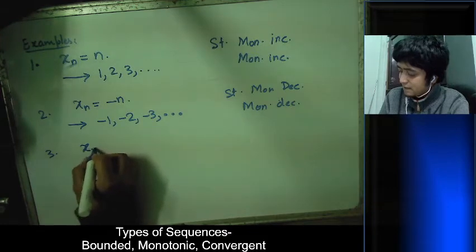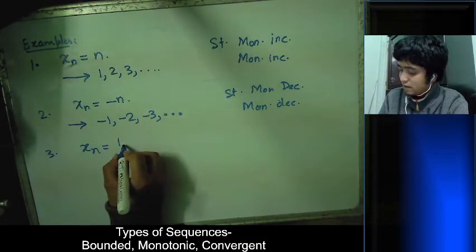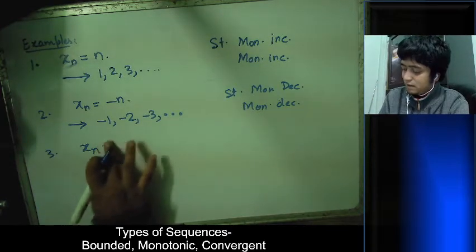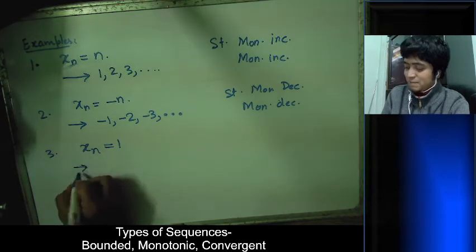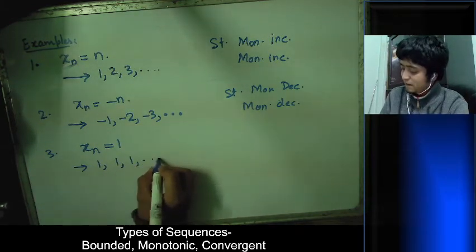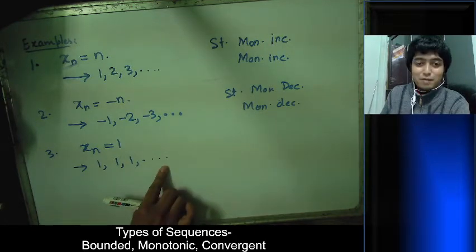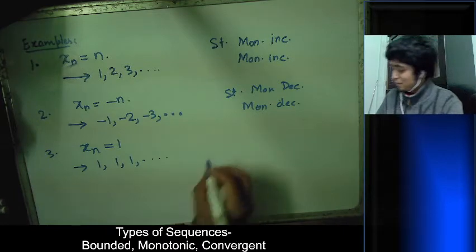Let us see the third one. Let's say xn equal 1. If you expand the sequence, you can write it as 1, 1, 1. But this one is actually monotonic increasing as well as monotonic decreasing.